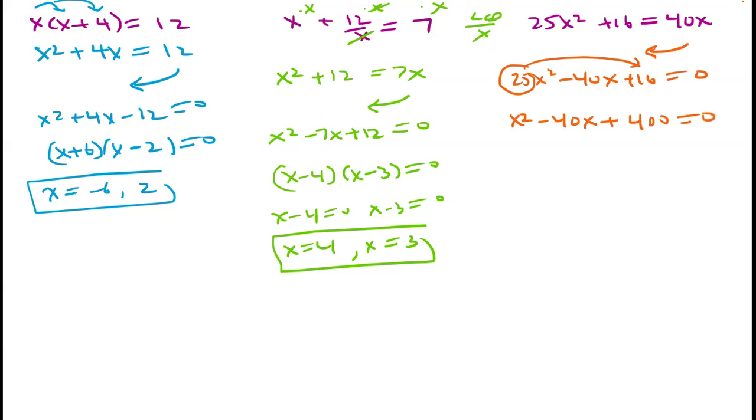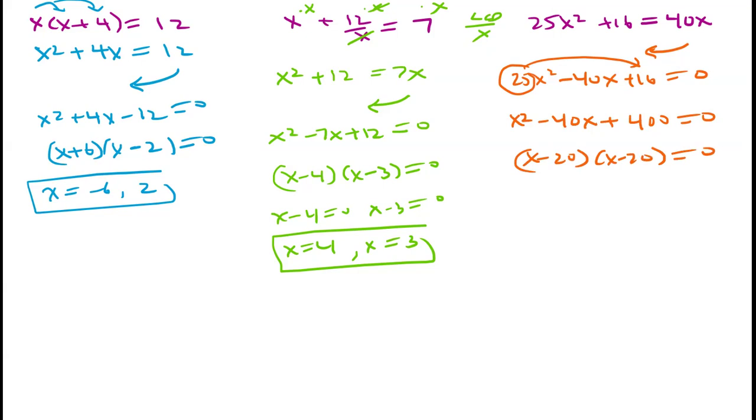Now we need to find factors of 400, and there's several of them, correct? But we have negative positive, so both factors have to be negative, and we found that 20 times 20 is 400. So our factors are going to be x minus 20 and x minus 20.